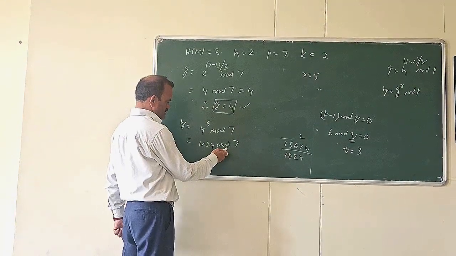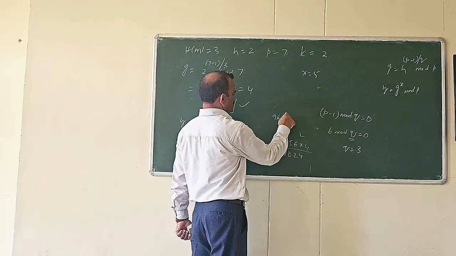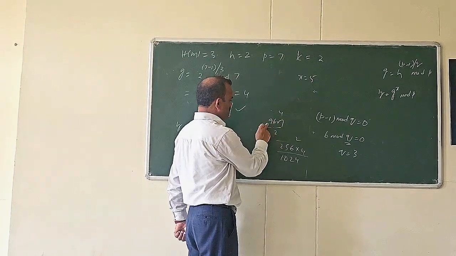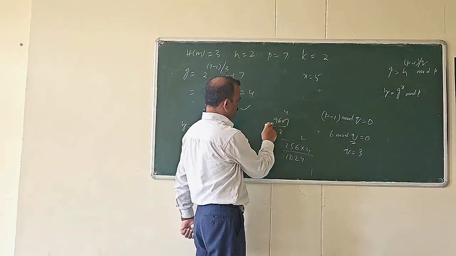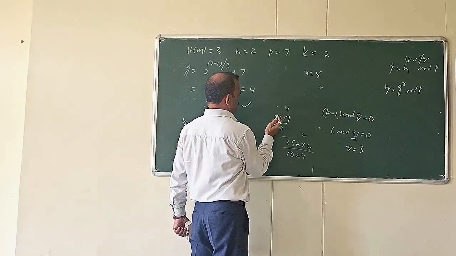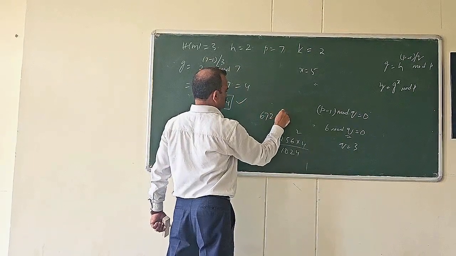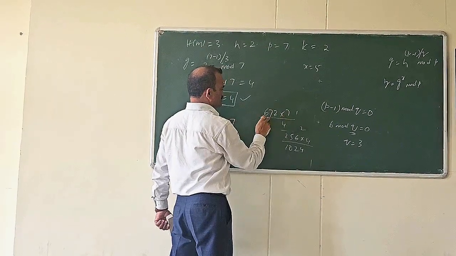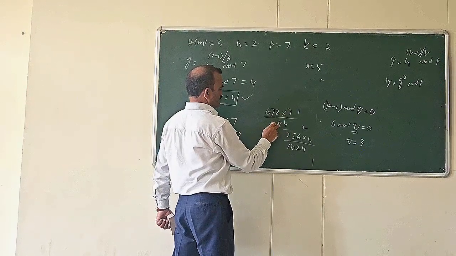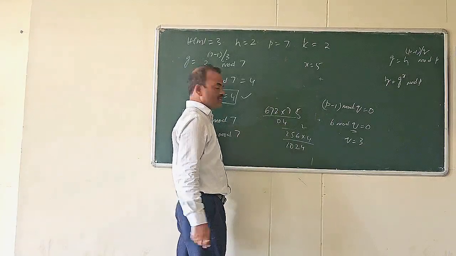Then what is the value of this? 7 times 146 is 1022.